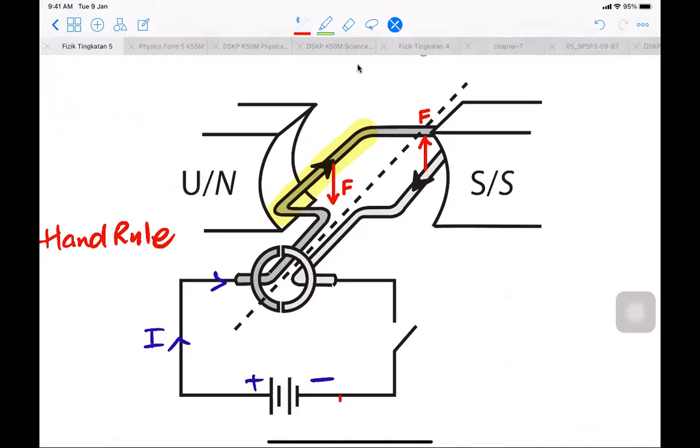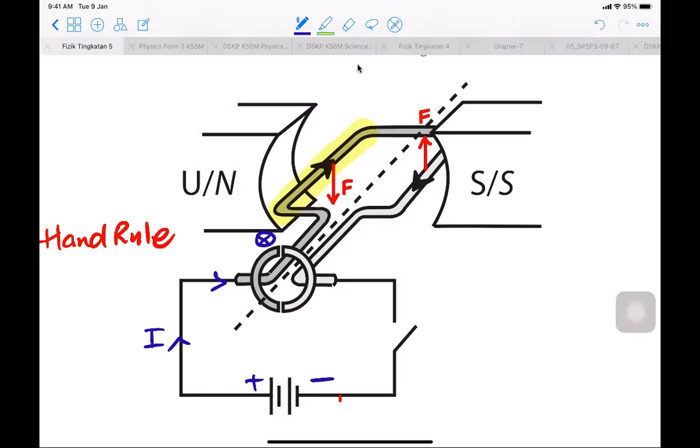So we assume that the current is going into this part, so its symbol is X. We only see the back end of the arrow. Okay, we only see the back end of the arrow. So X means current is going into.